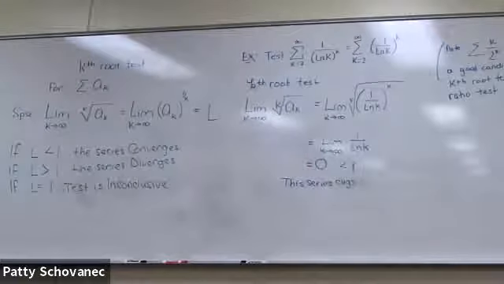Yes, sir. Is there an example where we're going to get a series that works with the root test but not with the ratio test? No, because I bet I could do the ratio test on this one and not have much difficulty. But the root test is so quick on it.